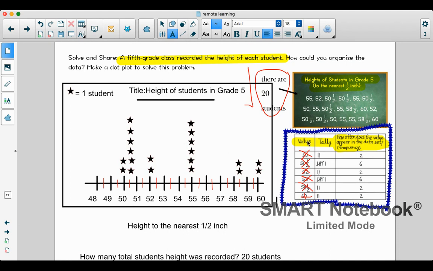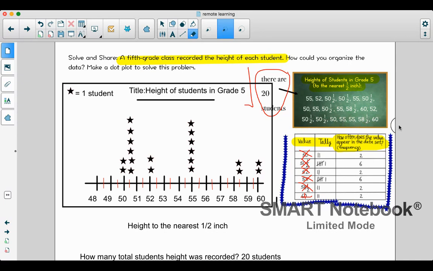We made a tally chart showing the value, the tally, and how often the value appears in the data set here. I don't really like the way this looks. I think it looks sloppy. My stars didn't really work out that great, so I'm going to erase this. Okay, I think that looks better.